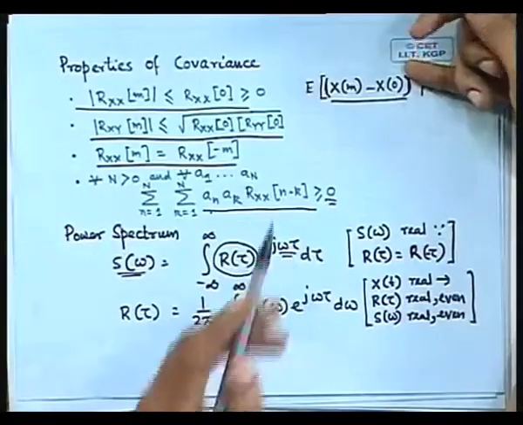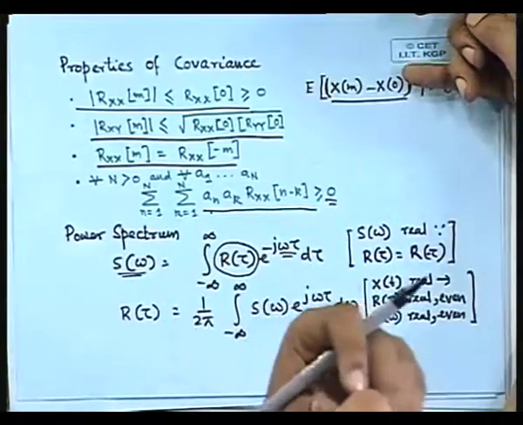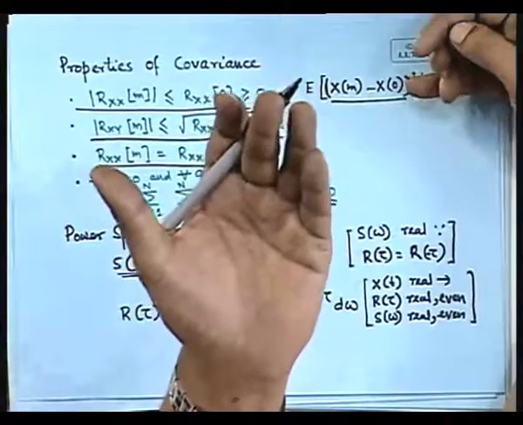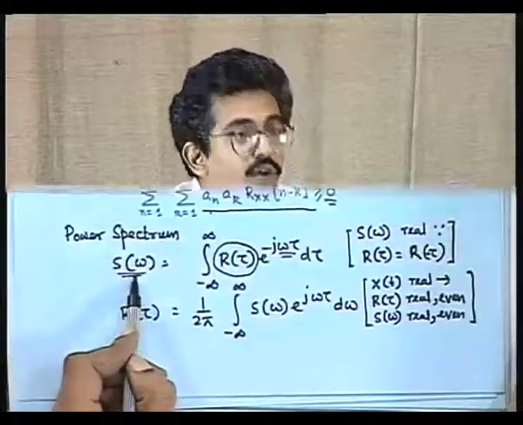Real, complex? It will be a real function of omega. Why? See, inside we are having a complex integral. Fourier transforms always give us, out of real things, complex things, right? Xt is a real function, but X of j omega will be complex. But here we are going to get a real function.